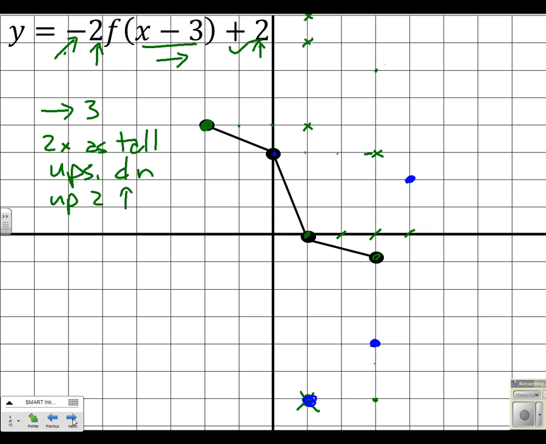From here, right 3, 1, 2, 3. I'm going to go twice as tall of -1, -2. I'm going to go upside down, +2. And I'm going to go up 2, 1, 2. So I end up with a point here. And there we have our graph that is 3 to the right, twice as tall, upside down, up 2.